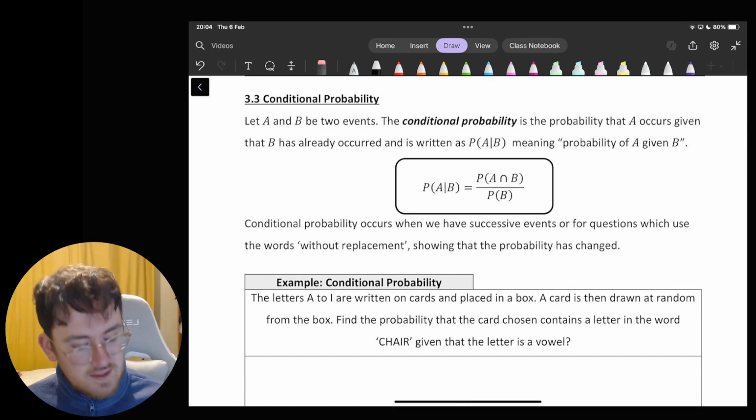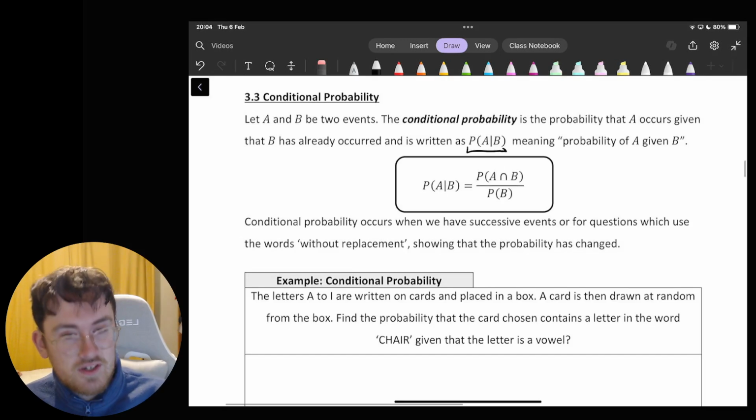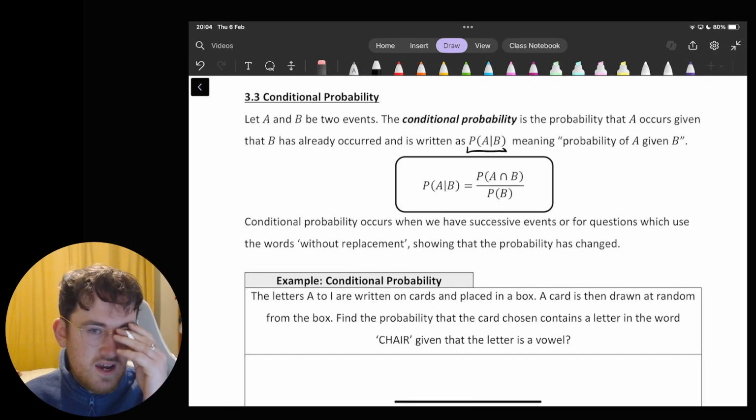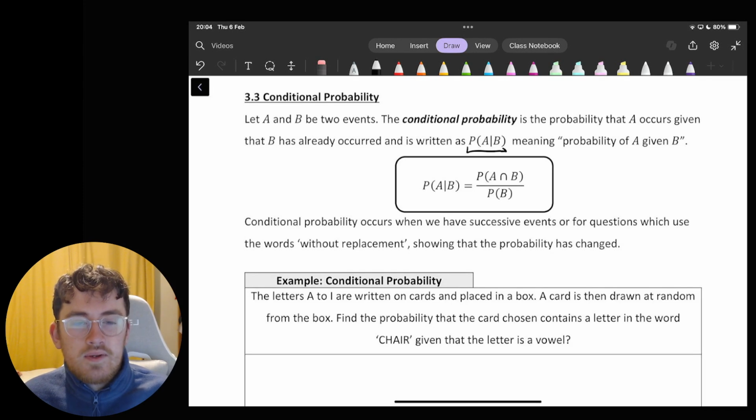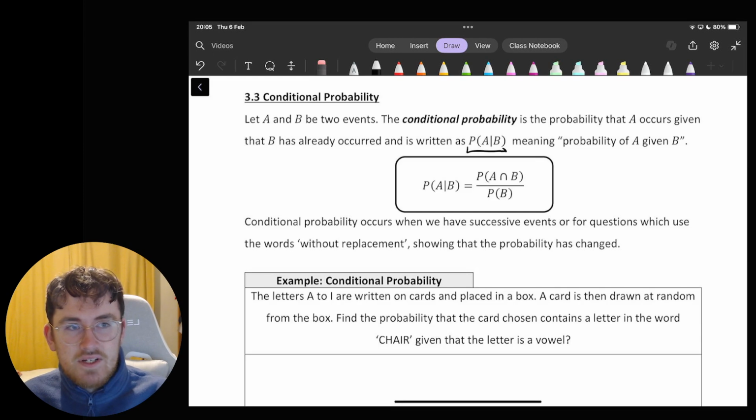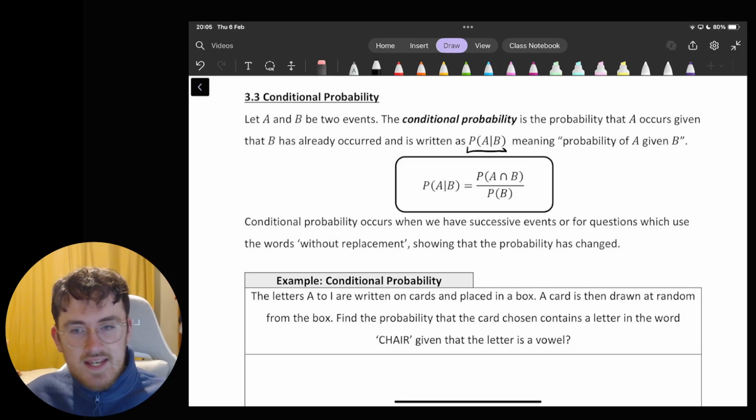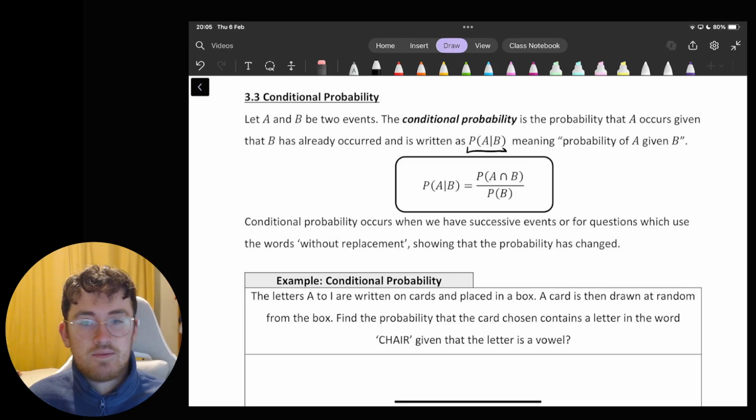Okay, and we write it in this format, A given B, with a line between them. And the rule is that the probability of A given B is the probability of both happening divided by the probability that B happened. So it's basically, if B has happened, out of how many of those outcomes where B happens does A also happen? Okay, and that's the probability that A happens given that B has happened.